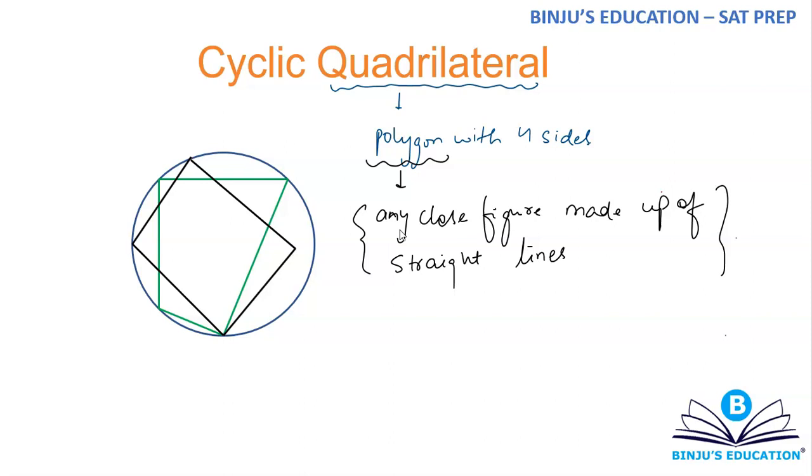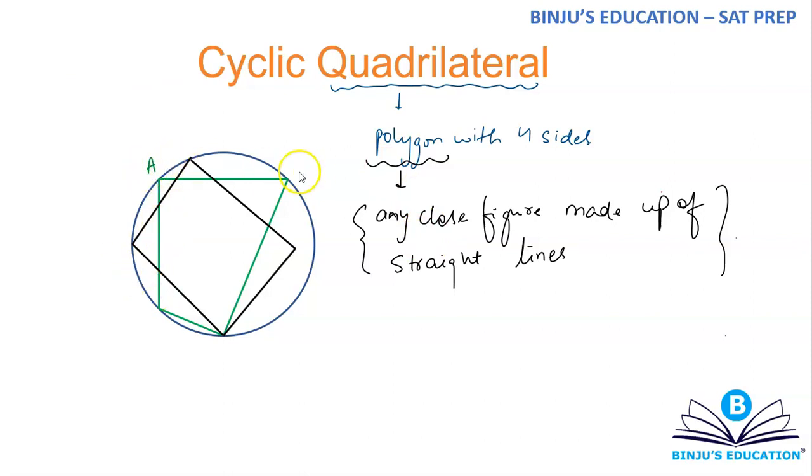So cyclic quadrilateral is a quadrilateral whose all the 4 vertices lie on the circle and it is inscribed in a circle. Cyclic quadrilateral is a quadrilateral inscribed in a circle whose all the 4 vertices lie on the circumference of the circle. For example, the green quadrilateral that you see on your screen, let me name it also.